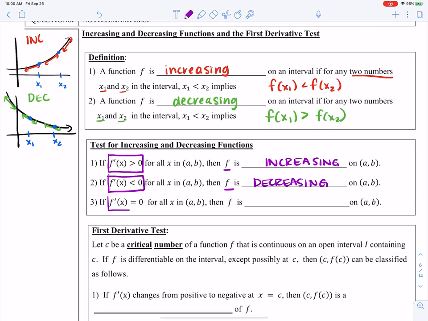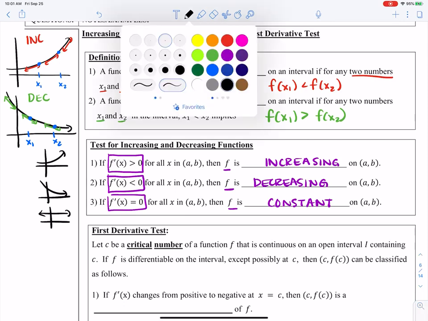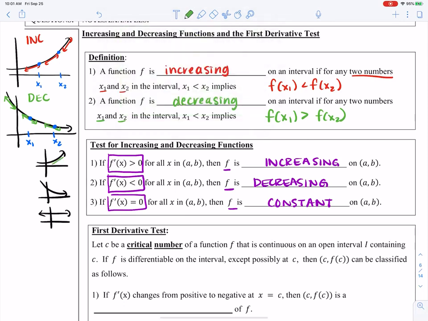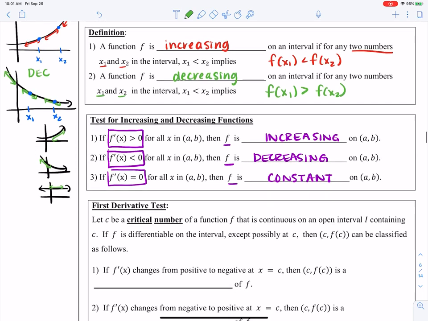If the derivative is 0, then f is a constant function. We can see that in the graphs we've drawn. So let's make some quick sketches: an increasing function, a decreasing function, and a constant function. Let's look at these tangent lines: positive tangent lines, negative tangent lines, and sure enough, a tangent line with a slope of 0.